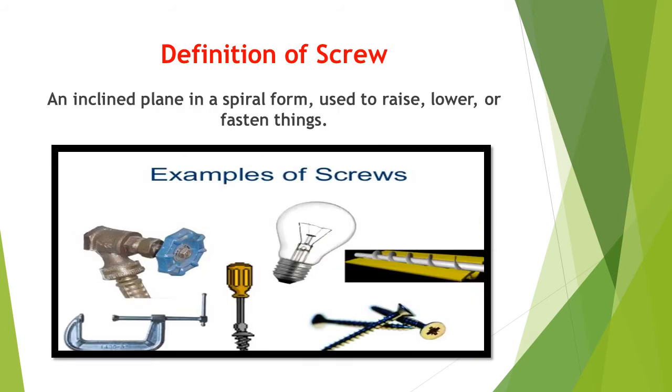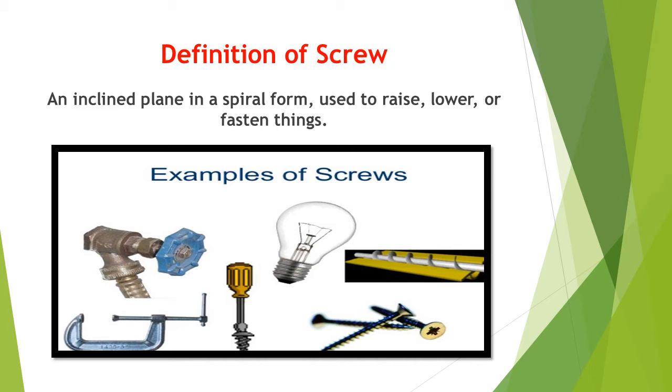The next simple machine example is the screw, and the definition of a screw is an inclined plane in a spiral form used to raise, lower or fasten things. With the help of a screw, you can hold objects up and fasten them. If you turn it round and round, it creates a stronger grip to lift anything.